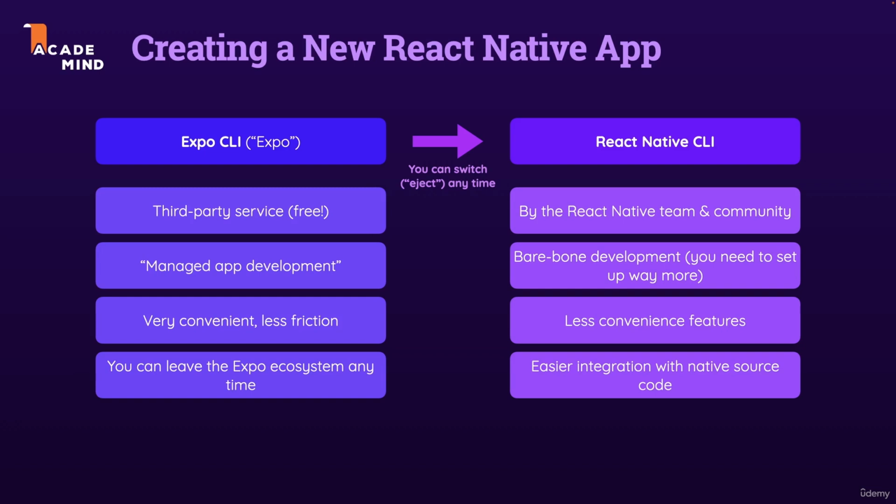But the idea behind React Native is that you don't have to do this too often, and therefore this might not really be an advantage. And for all these reasons, and especially since you can switch anytime if you need to, we will use Expo in this course. As you will see, it's super easy to get started with that, and it will make building React Native apps much easier.